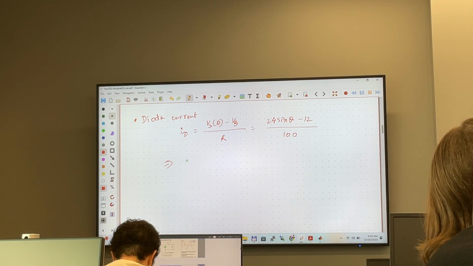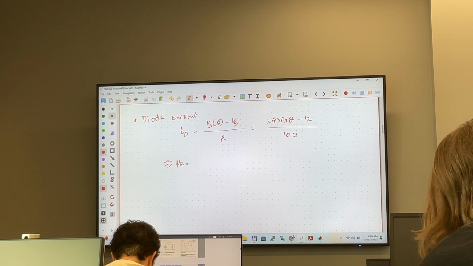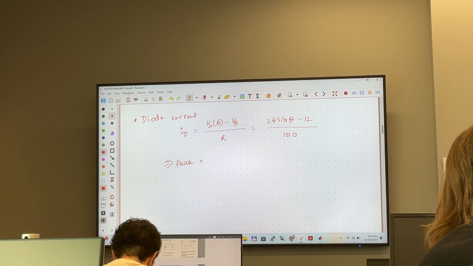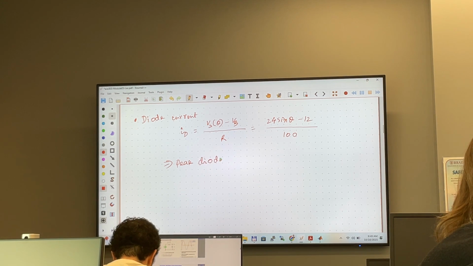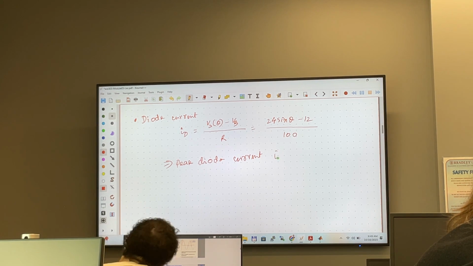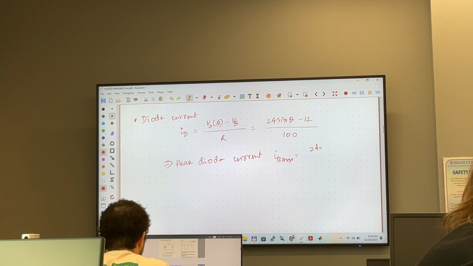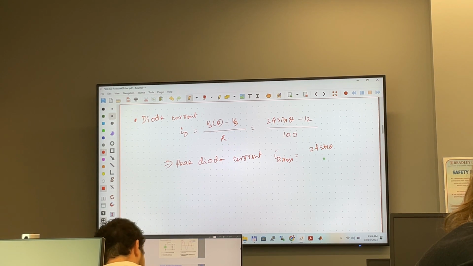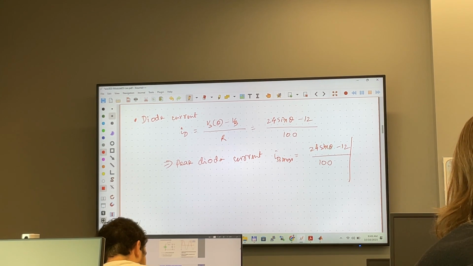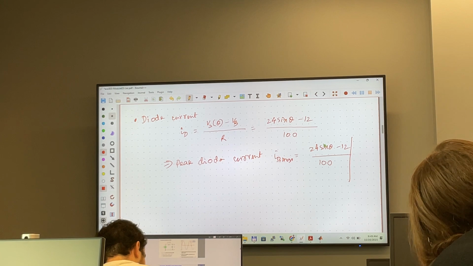So the maximum diode current, the peak diode current, I max is going to be 24 sine theta minus 12 over 100, and this is going to be maximum when sine theta is 1. Okay?